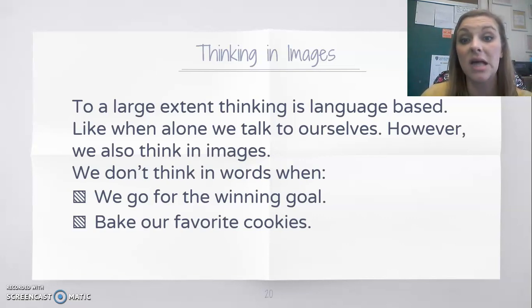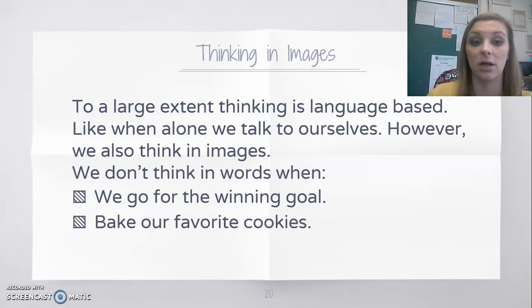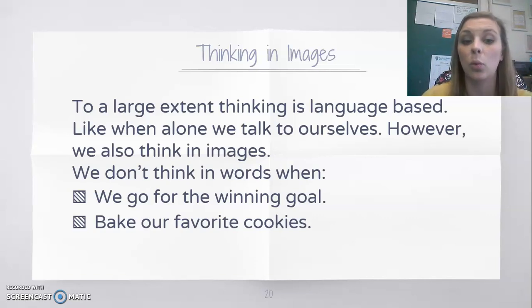However, some of our thinking is in images. Some of it doesn't need any language whatsoever. For example, when you're going to kick a ball into a goal, you do not have to think about the words that you need to do that, right? You are thinking about the motions, the images, what you need to do to get there. When you bake your favorite cookies, you don't necessarily need language to do that.